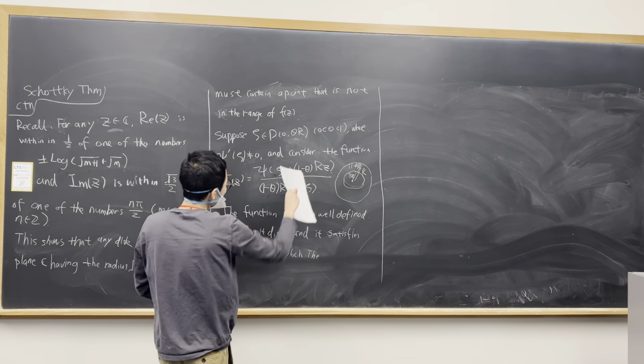So after we scale it, the whole thing has radius less than 1 minus theta times R. So it's defined in the unit disk, and it satisfies the condition of Bloch's theorem.